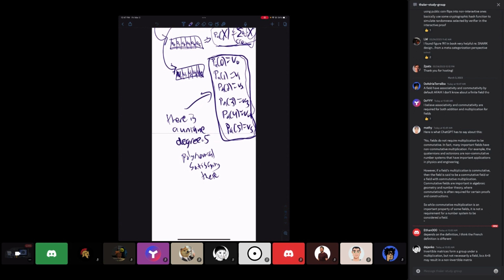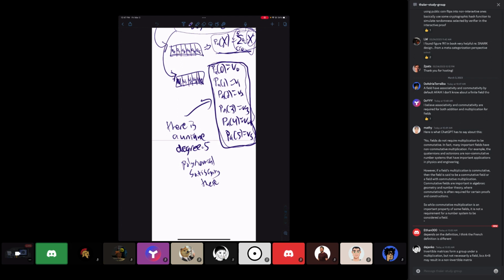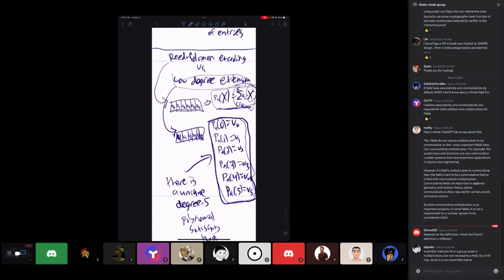So what the book is trying to say is that the set of all code words of all encodings is the same in both the low degree extension code and the Reed-Solomon code. The set of all code words is just the set of all evaluation tables of, in this example, degree 5 polynomials. So code words and degree 5 polynomials are in one-to-one correspondence with both codes.